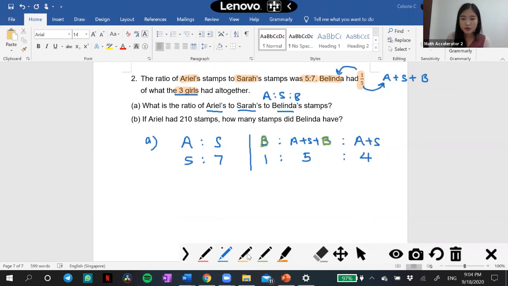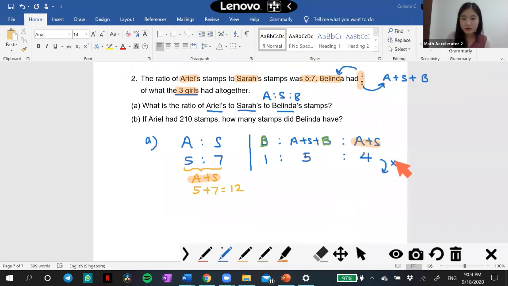Right, so this question is tricky. What must I make equivalent? Can you see here? I have A plus Sarah as well. 5 plus 7, which is 12. So I have to make equivalent A plus S here and A plus S here.